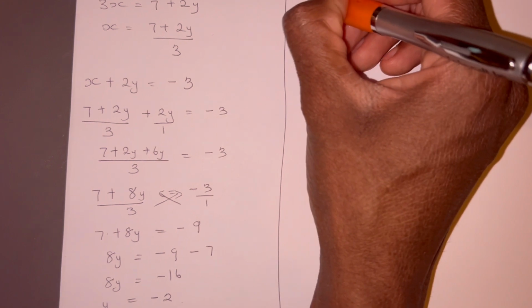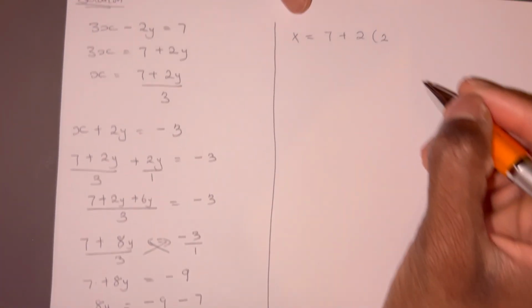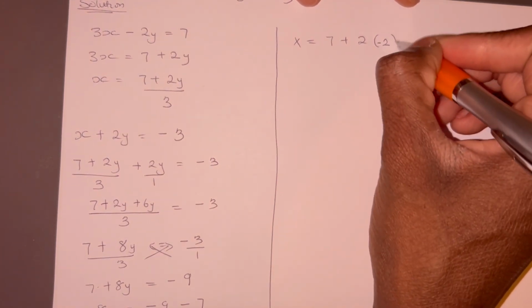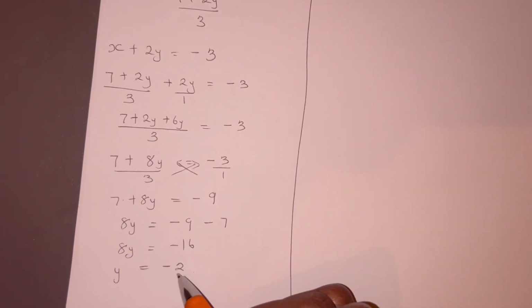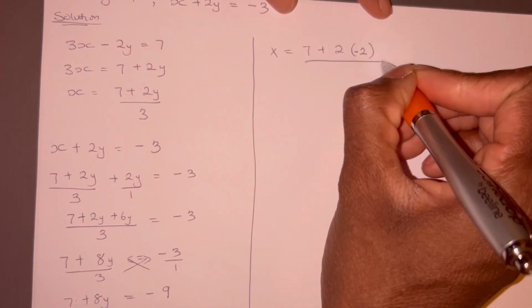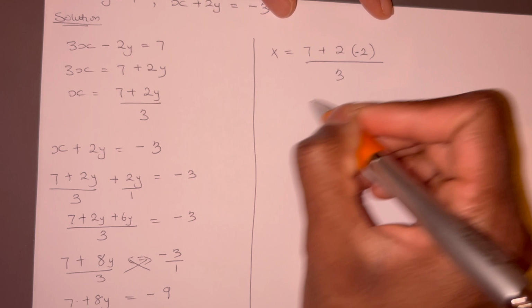So we see x equals 7 plus 2 multiplied by minus 2. Instead of 2y, we know that y is now minus 2. So we say 7 plus 2 multiplied by minus 2, over 3.